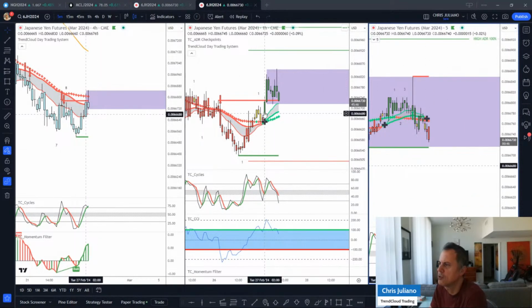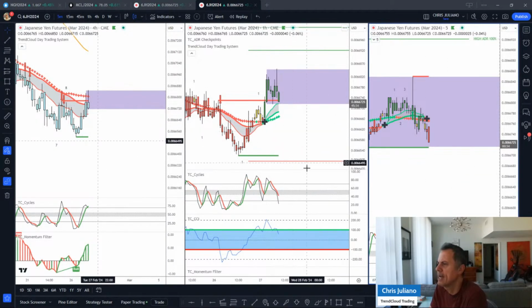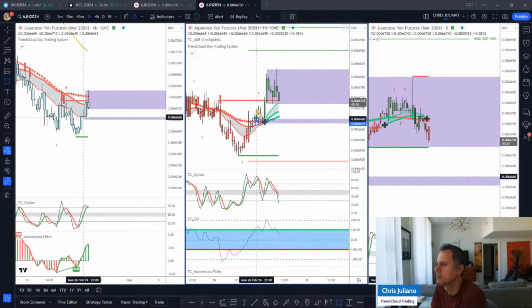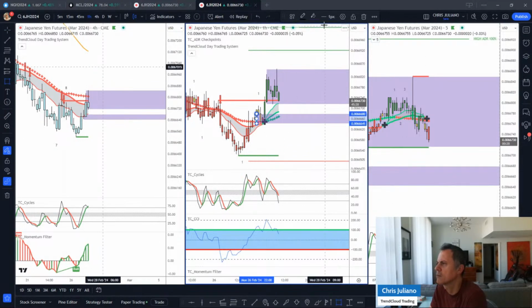Looks like we want to pull back into some structure here, right? We've got momentum. We've got the extended trend cycling up. Momentum is up. Pulling back.